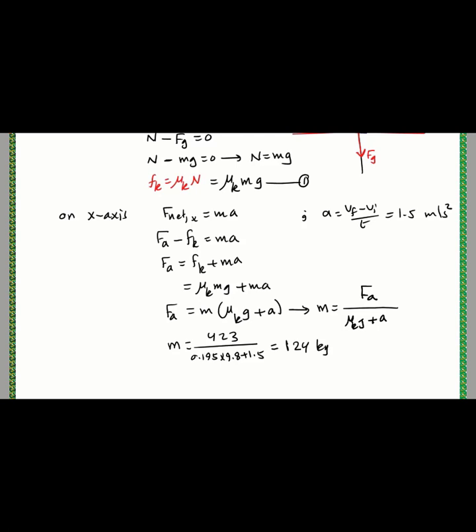Now we need to resolve this question again, but on an incline, and we need to find the least force needed to pull it all the way to the top of the incline with the same acceleration.